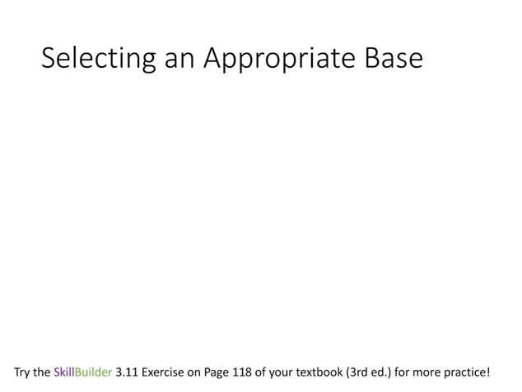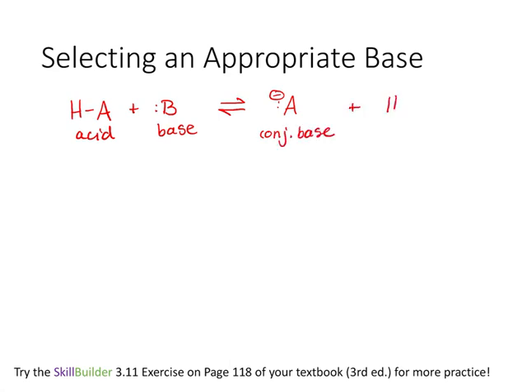So let's draw the generic acid-base reaction that we've drawn before. And let's assume there's equilibrium here. And we know that our products will be the conjugate base and the conjugate acid.